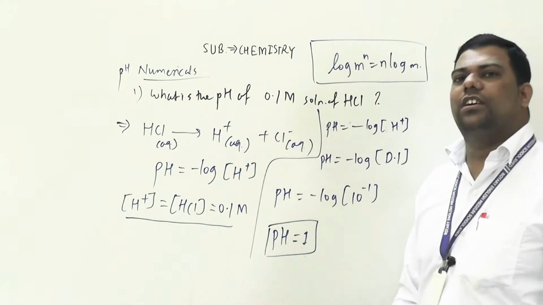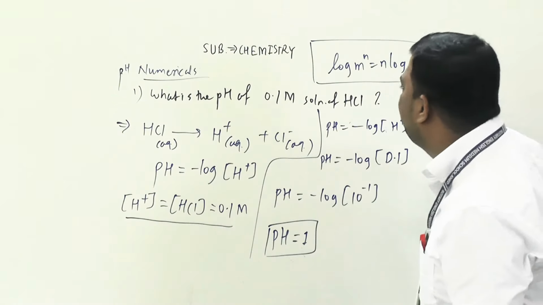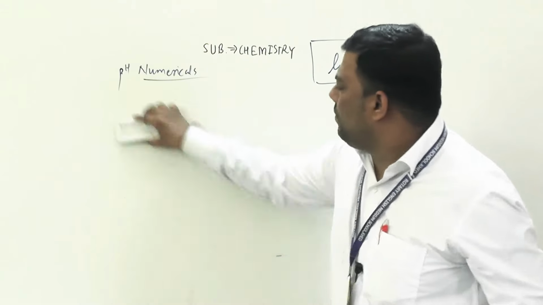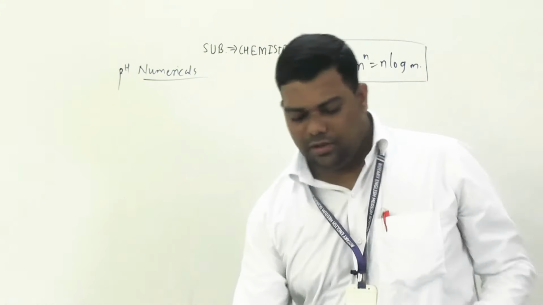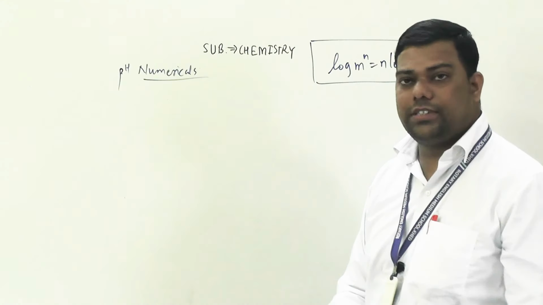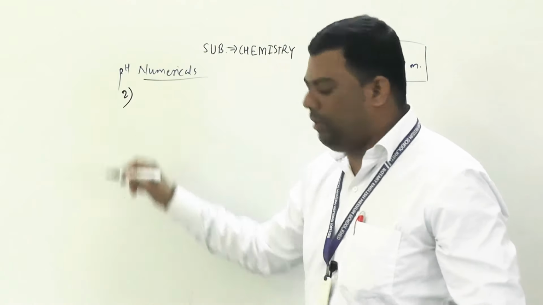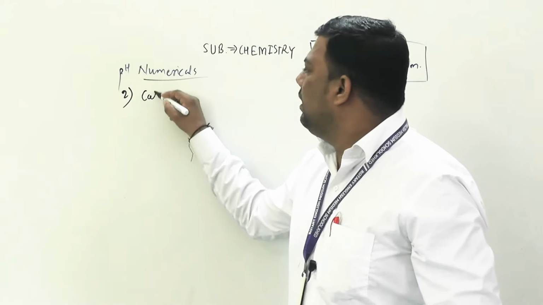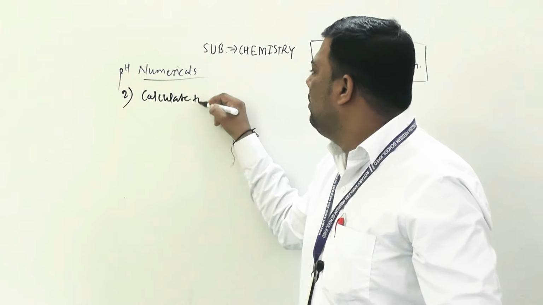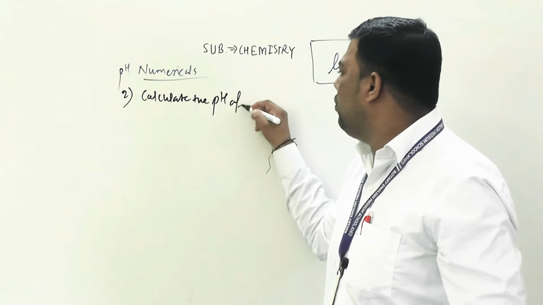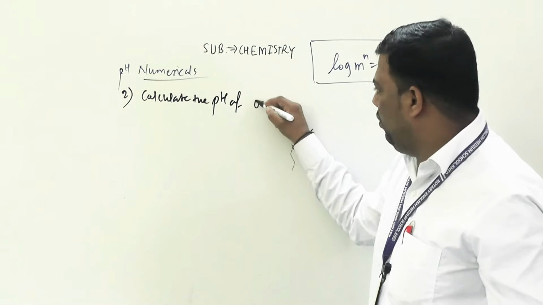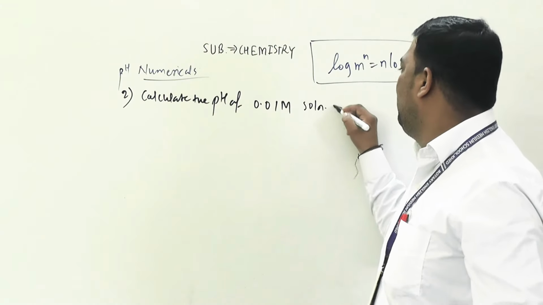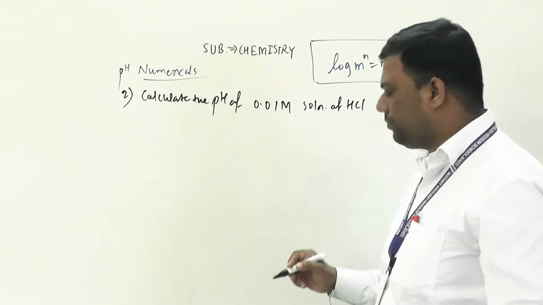Now we will discuss the next numerical. In the second numerical, calculate the pH of 0.01 molar solution of HCl.